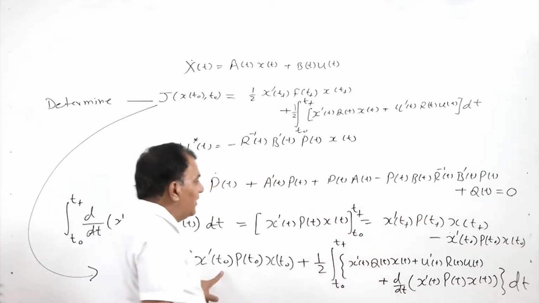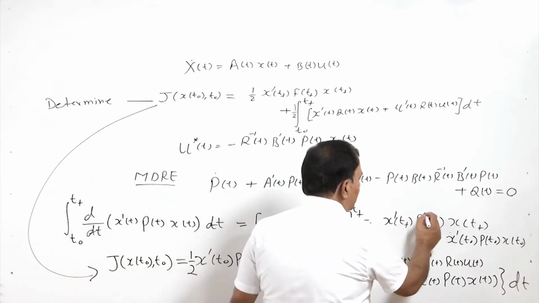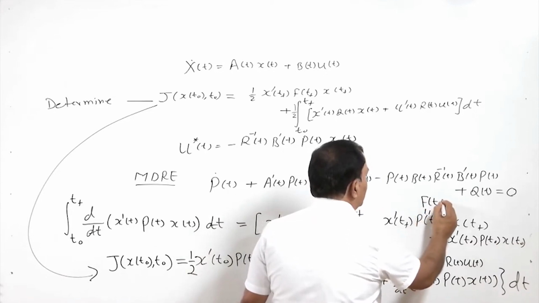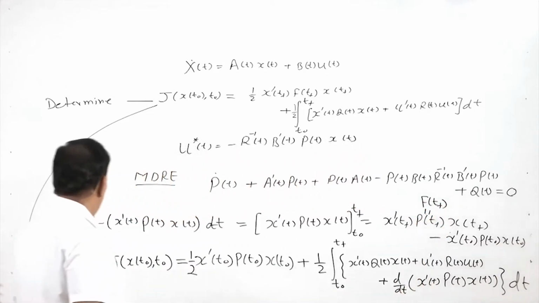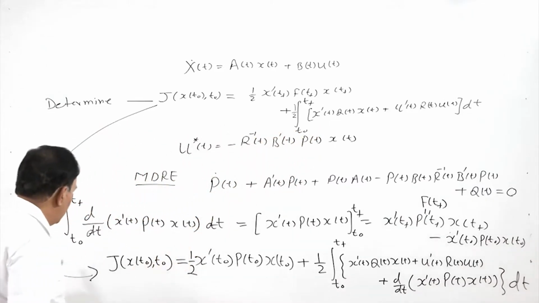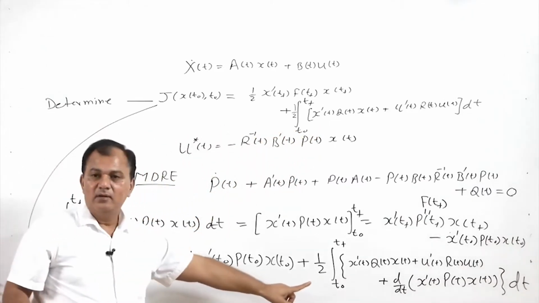This term will be cancelled out, and P(tf) is nothing but my F(tf). So J written in this form or in this form is the same value.